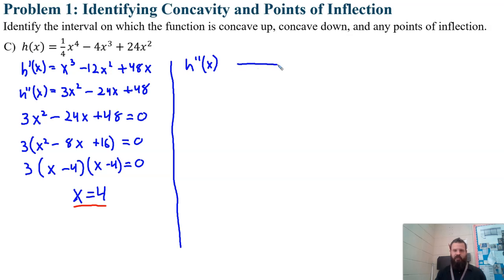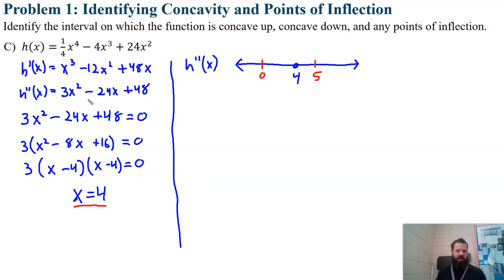Let's make a sign chart for h double prime of x. And again, its only 0 is the 4. Okay, so we could, with this, plot some points. I could plot a 0 would be nice, and a 5 would be a bit of a pain to do, but doable.